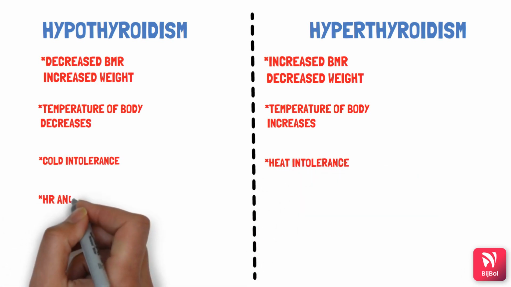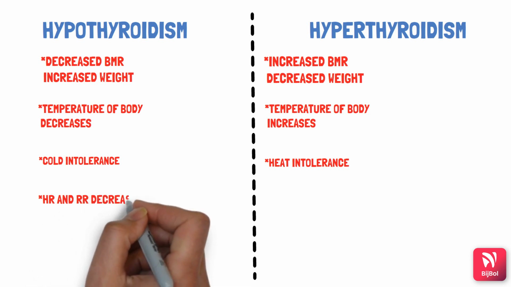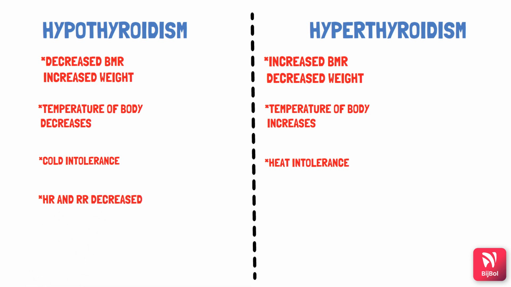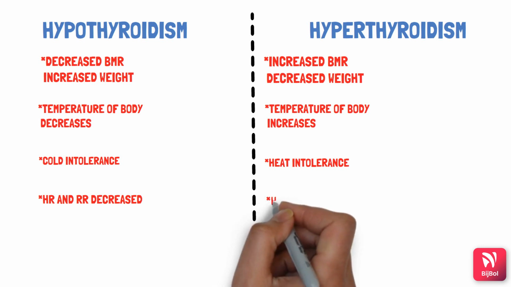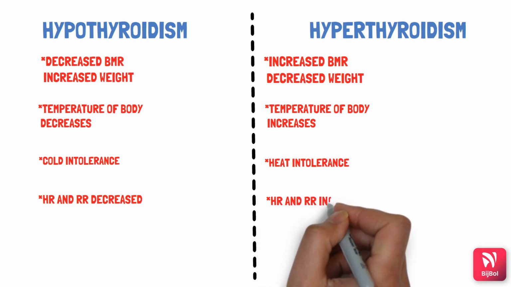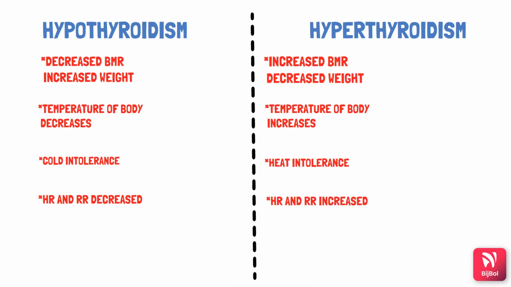In hypothyroidism, the heart rate and respiratory rate are decreased because of the decreased basal metabolic rate. Whereas in hyperthyroidism, the heart rate and respiratory rate are increased because the basal metabolic rate is increased. In hypothyroidism again, because of decreased basal metabolic rate, there isn't much gastric motility.